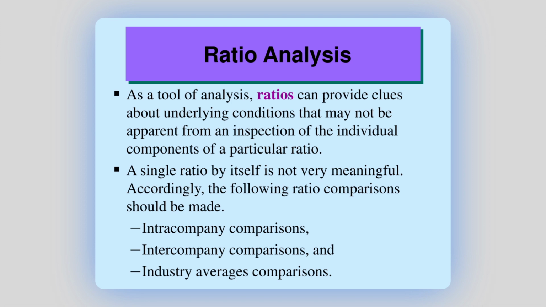So, as a tool of analysis, ratios can provide clues about underlying assumptions or conditions that may not be apparent from the inspection of the individual items. We go back again to our comparison in terms of intra-company. Okay, we have intercompany, and the last one is about industry average.